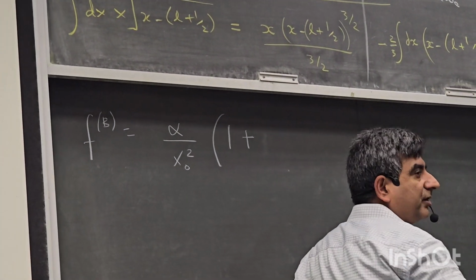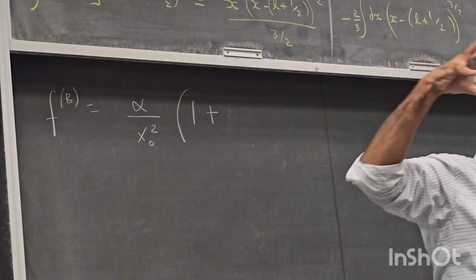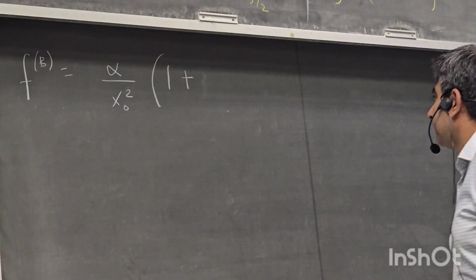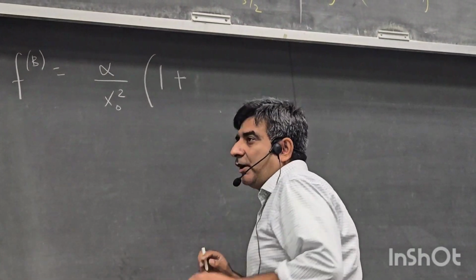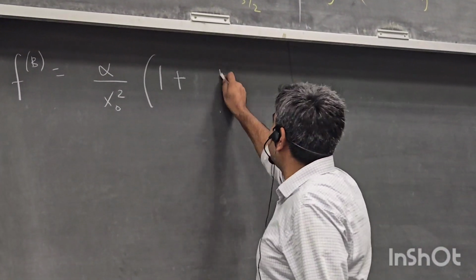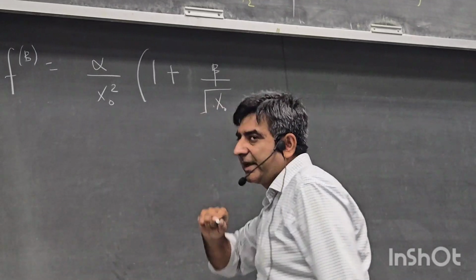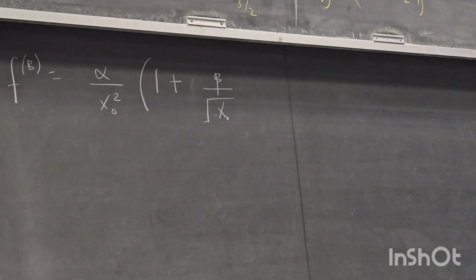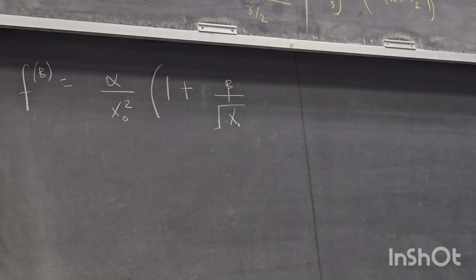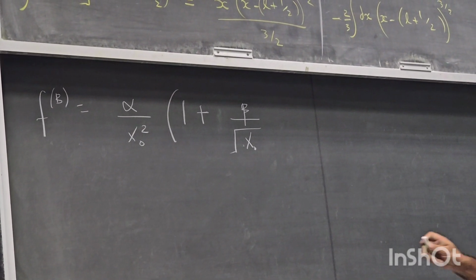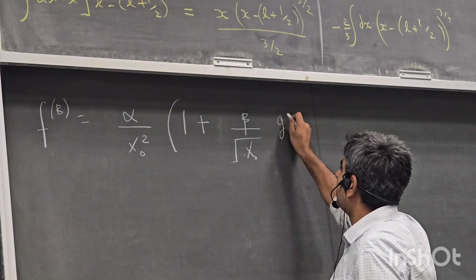Now g of x naught is now a decaying function. So this is now decay, the decay is beta over x naught, but then there is some initial amplitude, right? Let's call that simply g bar.